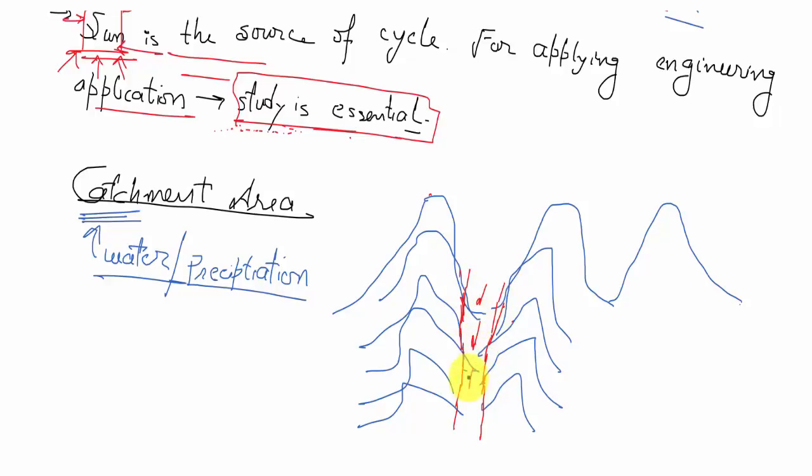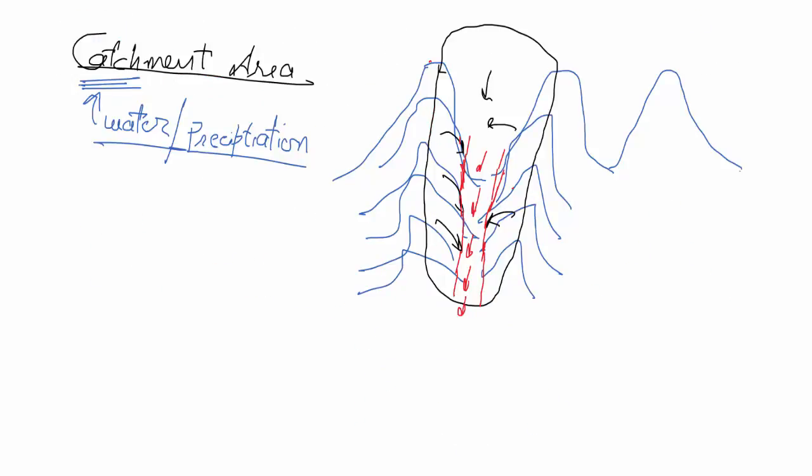There is a river which comes down the slope. Now if rainfall takes place, then all the water which falls on this area will drain here. It will drain into this river only. I'm just trying to give you an idea of what a catchment area means. So let us start with a simple concept. Catchment is that area.